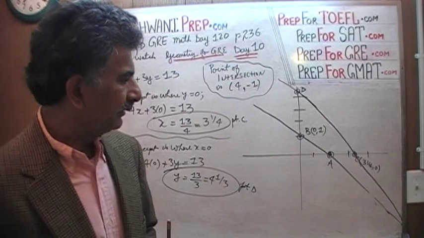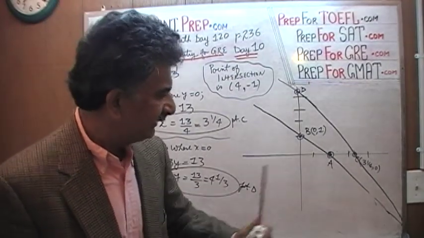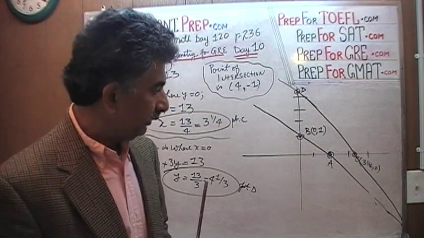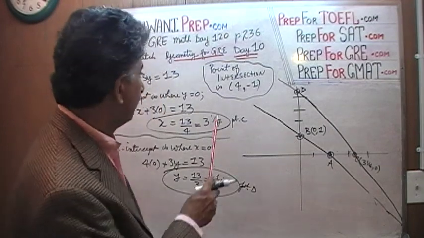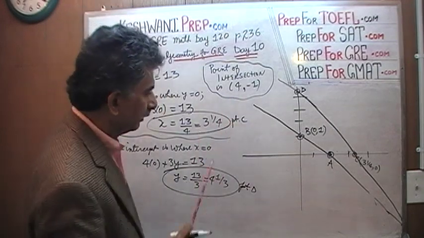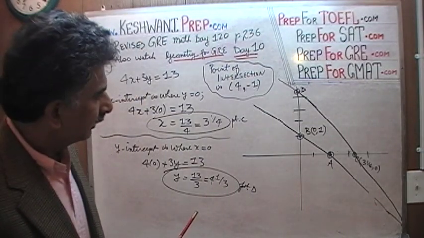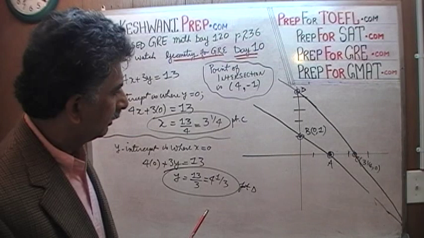Where they intersect, we cannot see this on this graph, because we already know they intersect at 4 and -1. What the hell? 4 and -1? Something is going wrong. It does not look like 4 and -1.